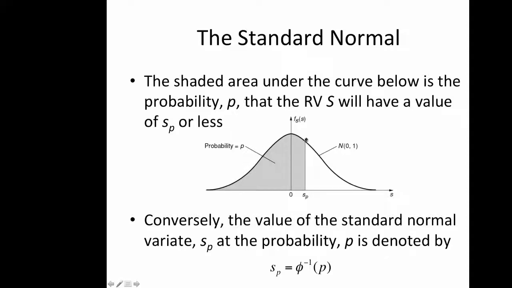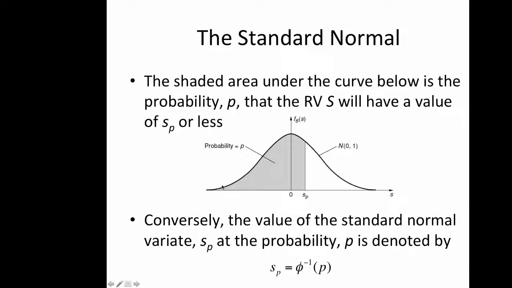So if we are interested in determining the probabilities associated with values, and again we're using the standard normal here, we've got this shaded area which represents some probability.